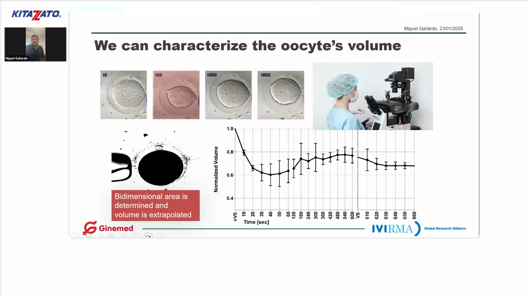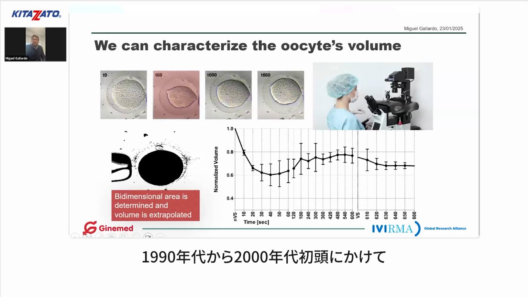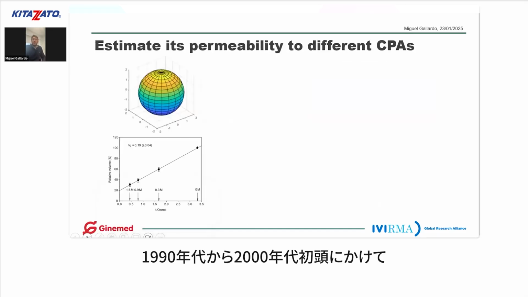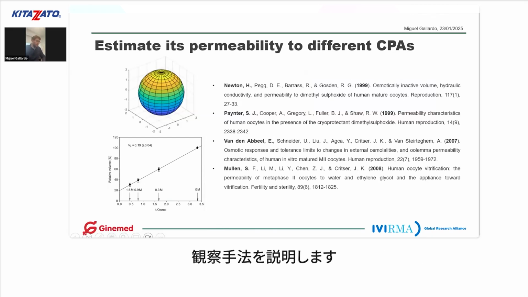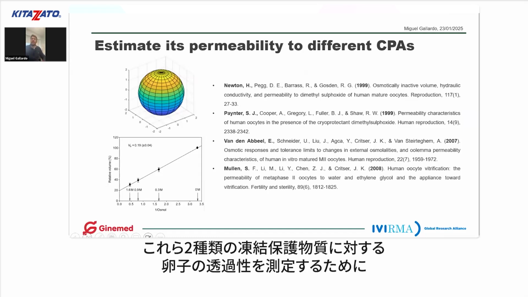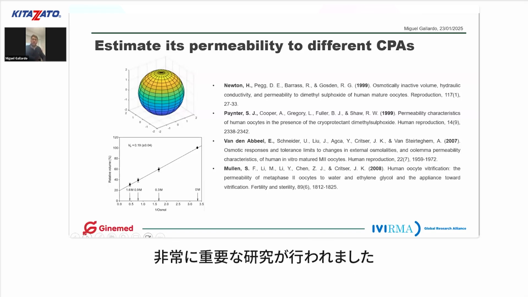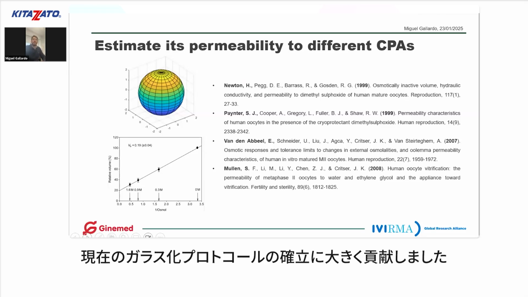And in the next slide, we will see that that is what was done by pioneers in vitrification in the decade of the 90s and the early 2000s. Very important work was done to determine the permeability of the oocytes to different cryoprotectants in different conditions, different concentrations, and all that knowledge has allowed us to arrive at the current protocols.